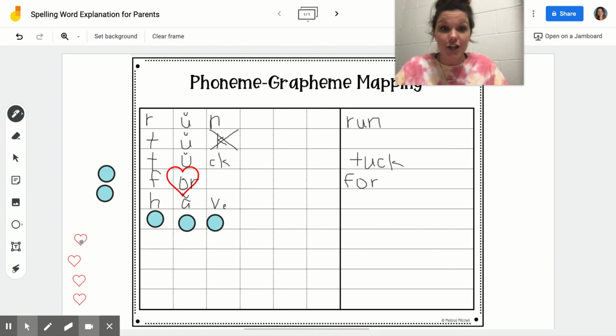But we don't hear the E. So we would put a heart over the E. All right, and then we would write that word out over here.